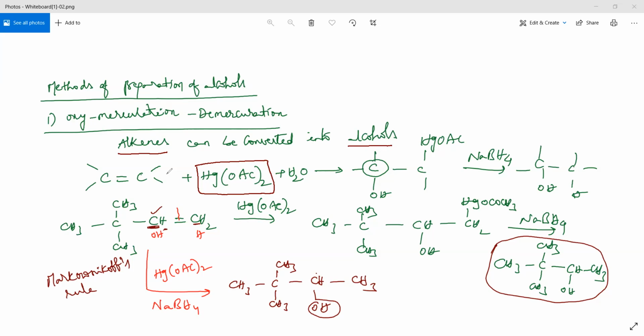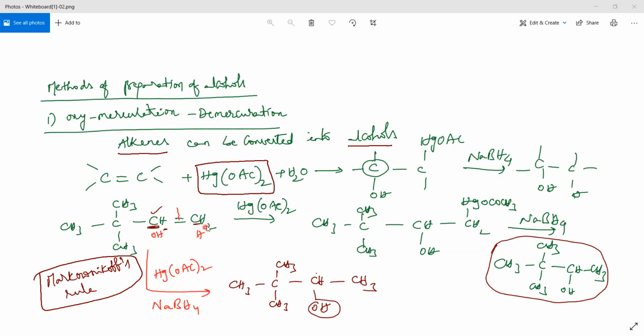This is a key point: it follows Markovnikov's rule. According to Markovnikov's rule, the OH, the negative part of the reagent, here you can see CH double bond CH2.